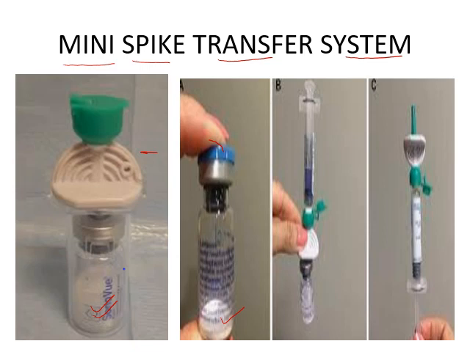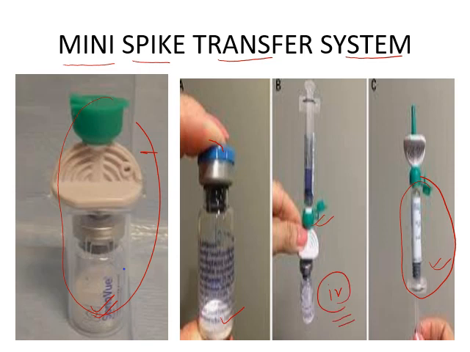We attach the syringe on top of this mini spike transfer system. Then we shake it, and finally after reconstituting it, we can take it back inside the syringe, and now the syringe is prepared to give IV. This is how we prepare these USG microbubble contrast agents.